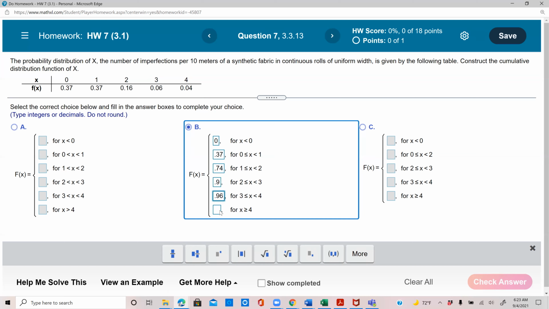So 0.04 plus 0.96 is 1. And that's always the case. The cumulative distribution function will always have 0 in the beginning, and it will always have a 1 at the end, because the overall probability that you collect in any probability experiment is 1.